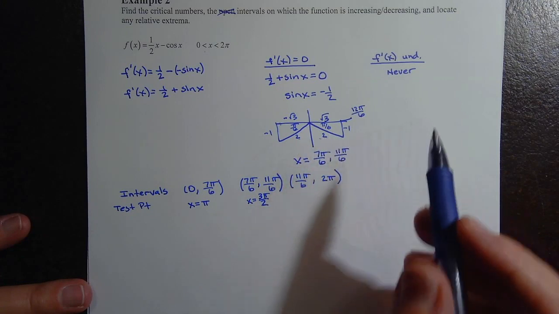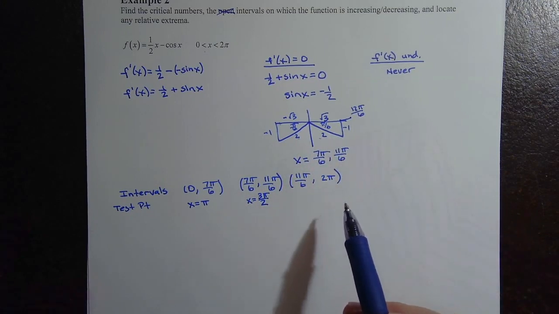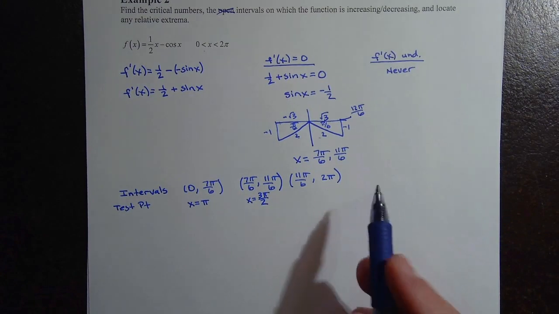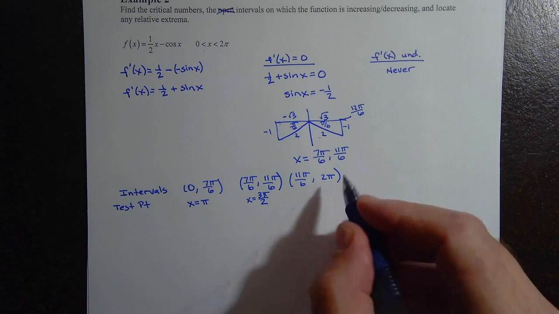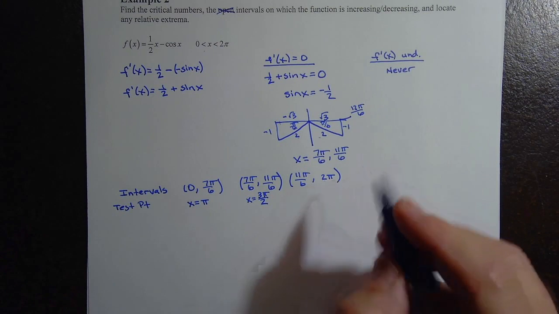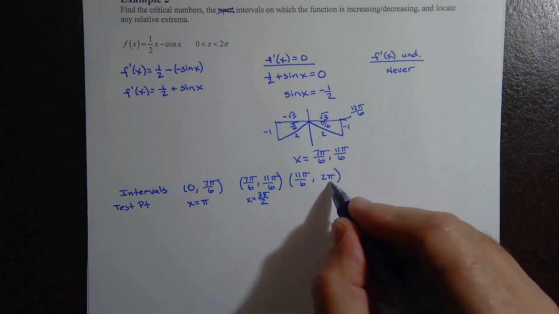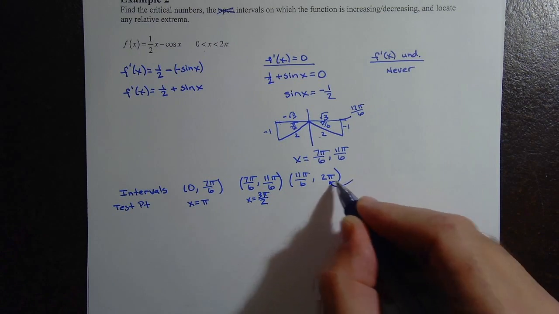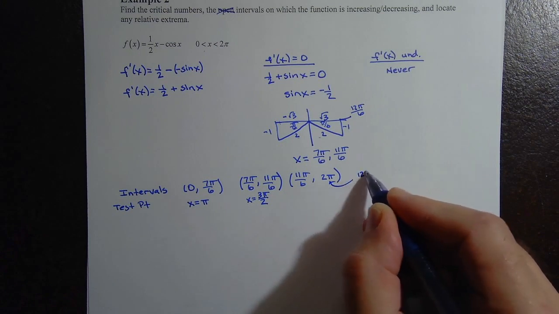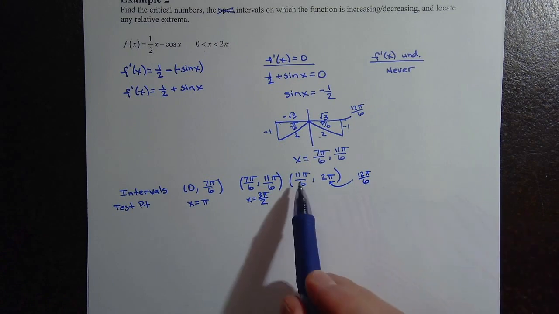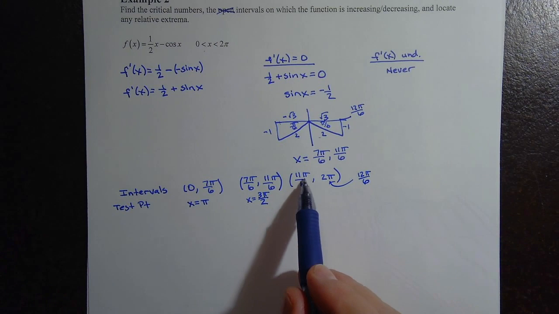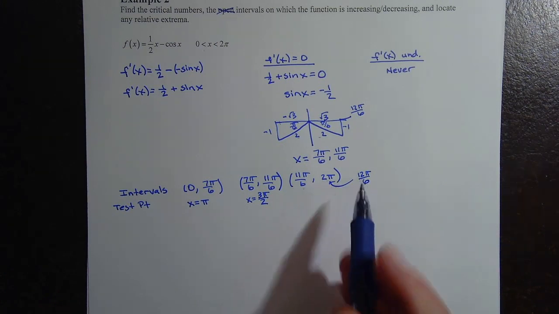Okay, we got to realize this one's the weird one. That's why I picked to do this problem. This one right here is really 12 pi over 6, right? 12 pi over 6 and 2 pi are the same thing. So I need to get a value between 11 pi over 6 and 12 pi over 6.